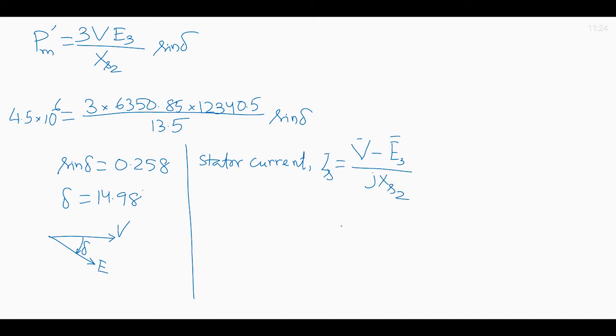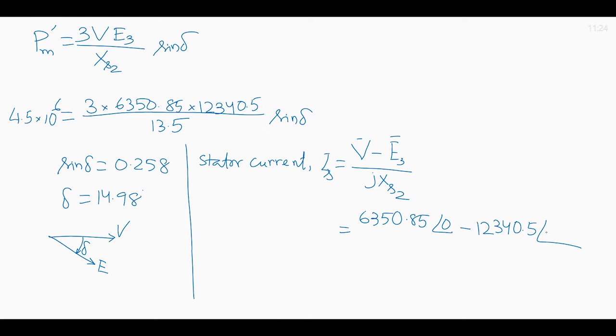Applied voltage phasor is 6350.85, its angle is 0, minus induced EMF E3 magnitude is calculated as 12,340.5 volt corresponding to 1500 rpm and rated field current, and delta angle for E3 is 14.98 behind the voltage V, because EMF is lagging behind the voltage.